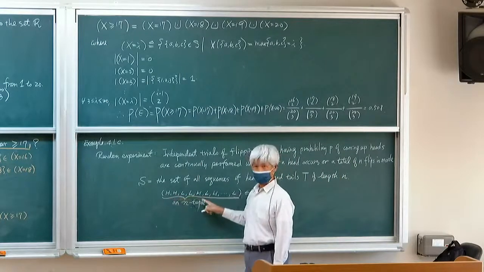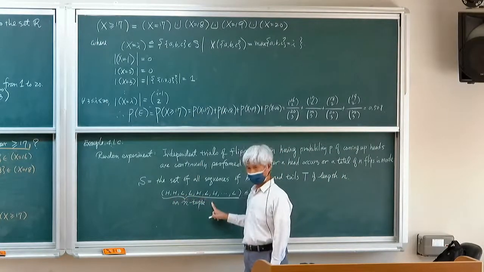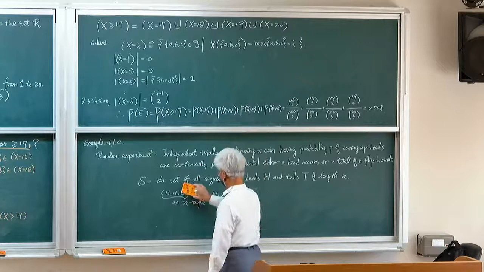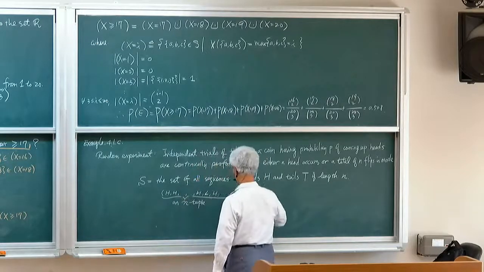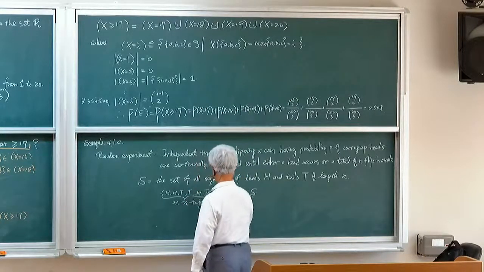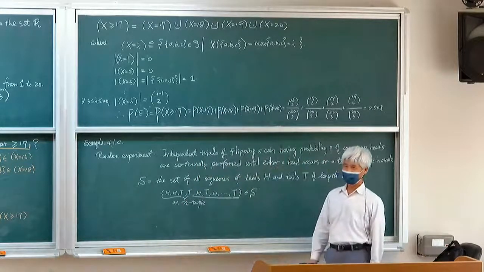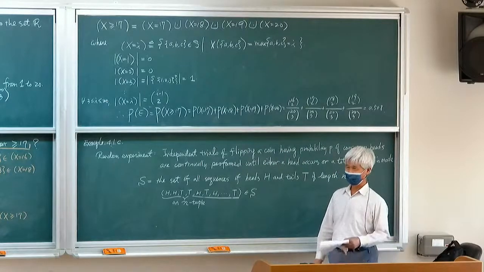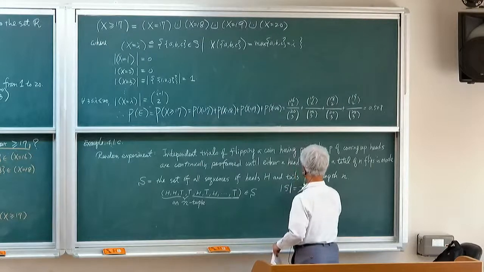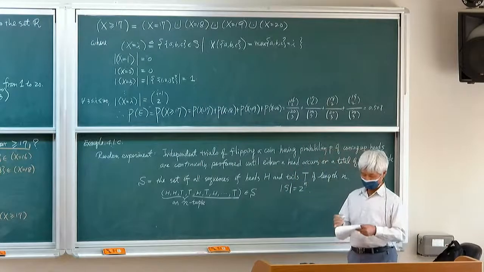It can be represented by an n-tuple, and each component is either an H or a T. Sorry, I wrote L, it's T for tail. So you see the size is 2 to the nth power, right? It's clear, right?